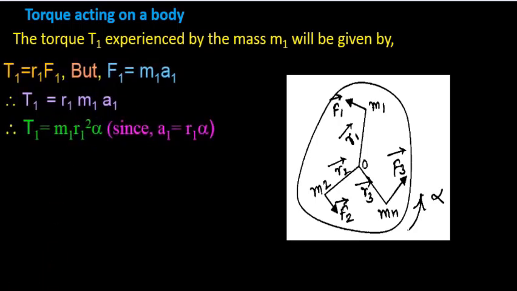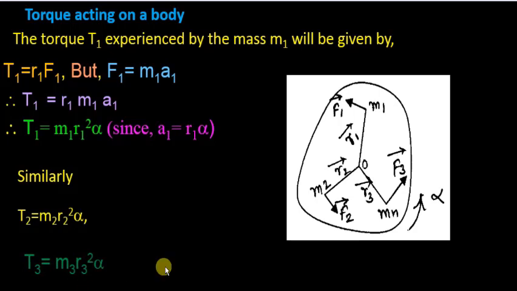Similarly, for the second particle we get T2 = m2 r2 square alpha. For the third particle it will be m3 r3 square alpha. In this way, for the nth particle it will be mn rn square alpha. This is for the last particle if there are n particles.